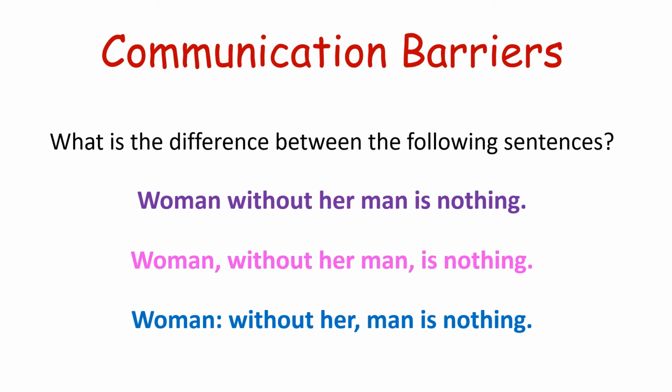This reads, woman, without her man is nothing, therefore implying that a man needs a woman. In other words, man is nothing without a woman. So here, can you see the important role punctuation plays in your writing?